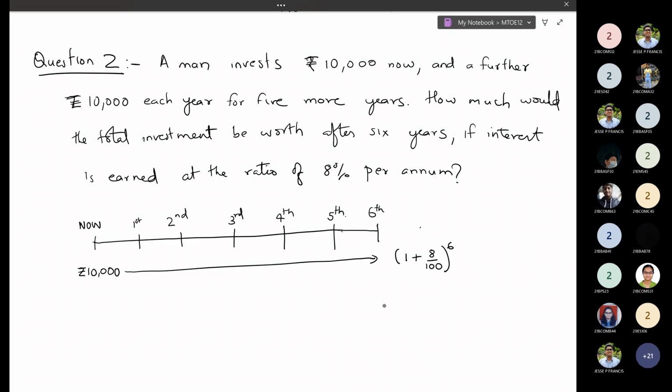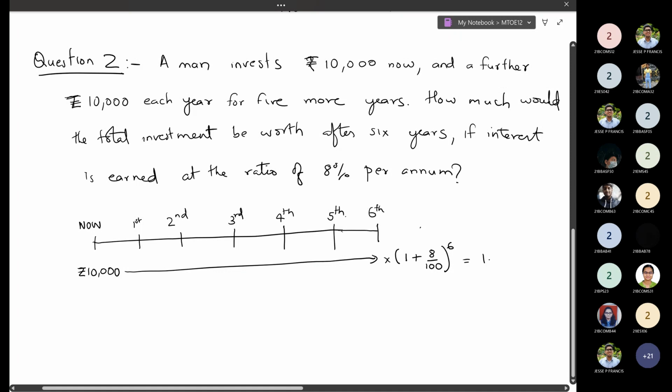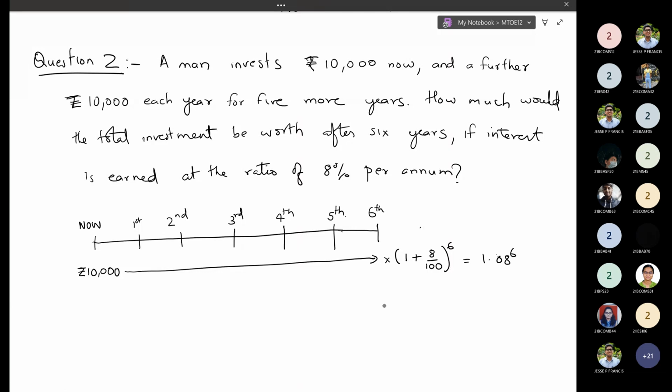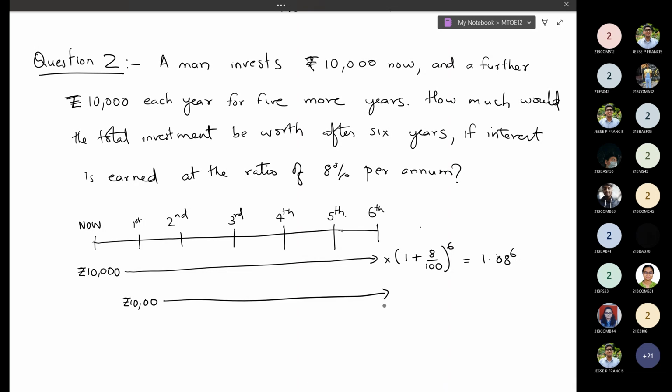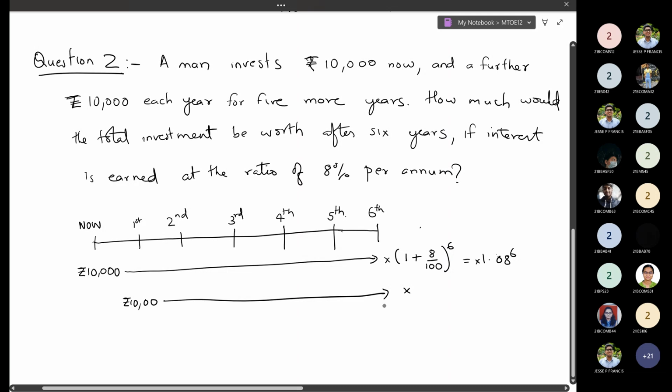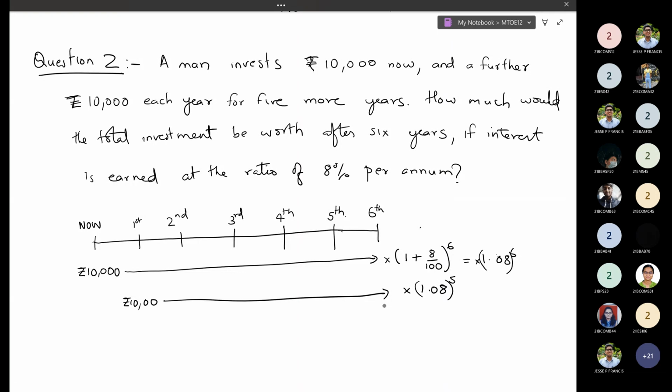This is nothing but 1.08 to the power 6. And we put another 10,000 one year later, which becomes into 1.08 to the power 5, which will remain for 5 years.